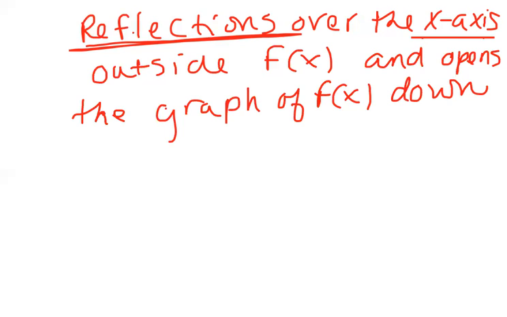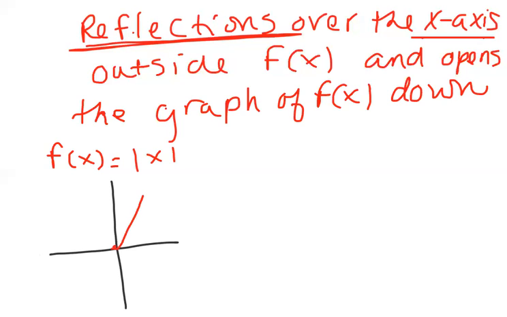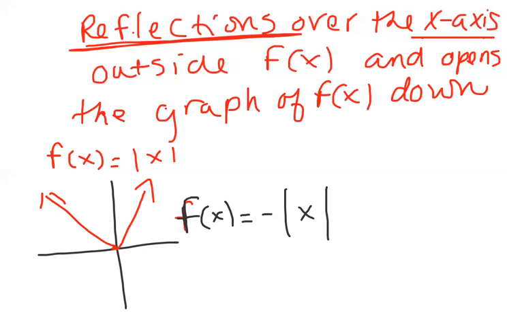So guys, let's see what I'm talking about. If we're talking about, let's say, the absolute value function, if you go ahead and graph the regular absolute value function on the xy plane, it looks like this. But if you're going to do a negative absolute value of x, every single y value on that function will be affected.